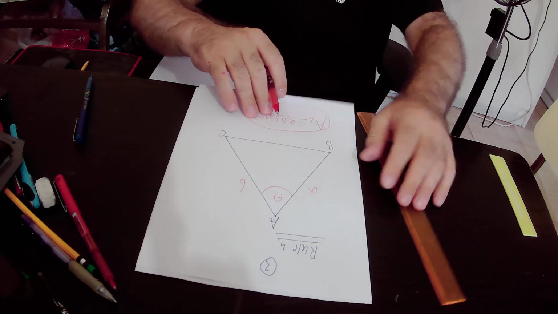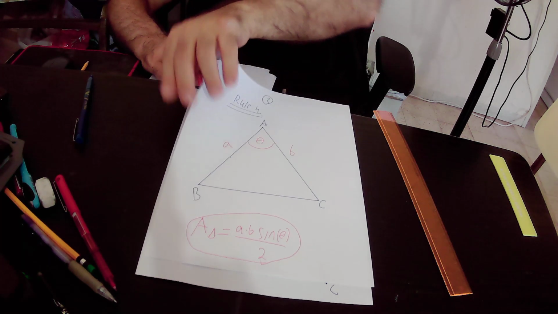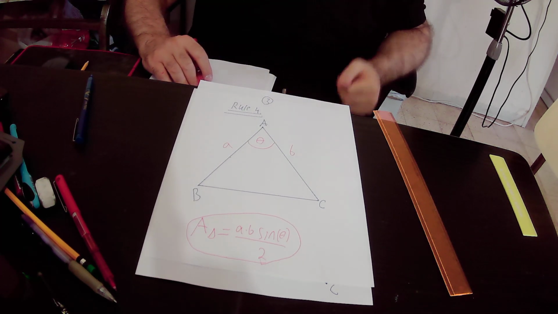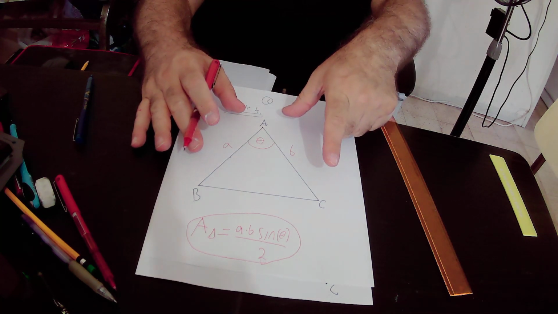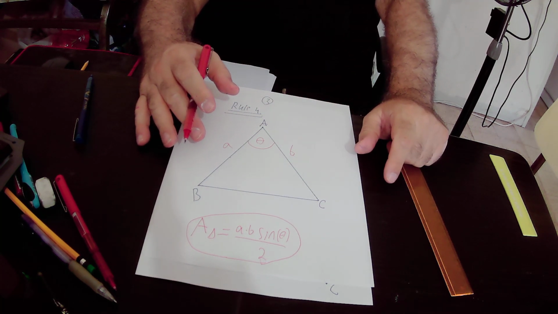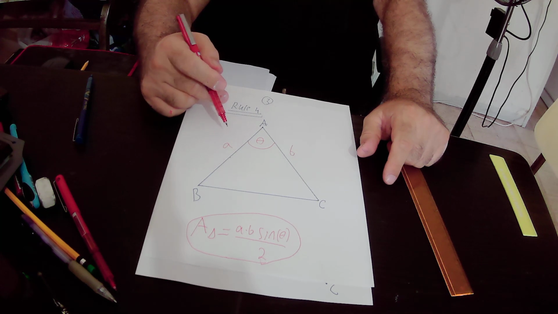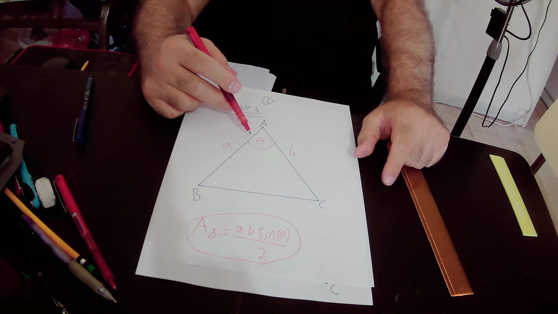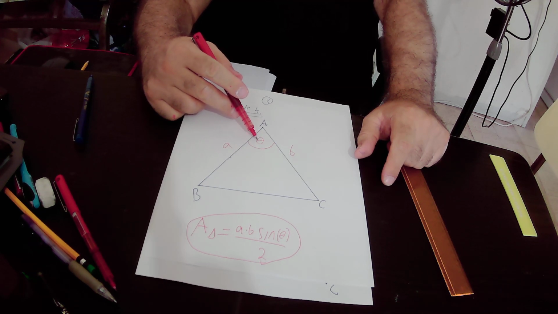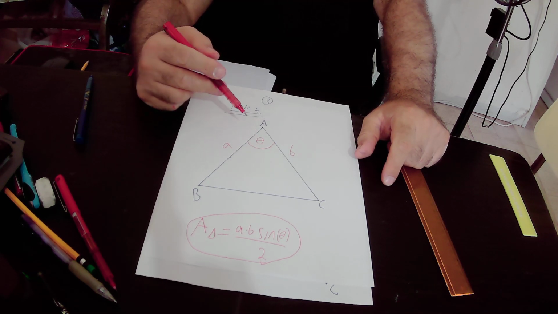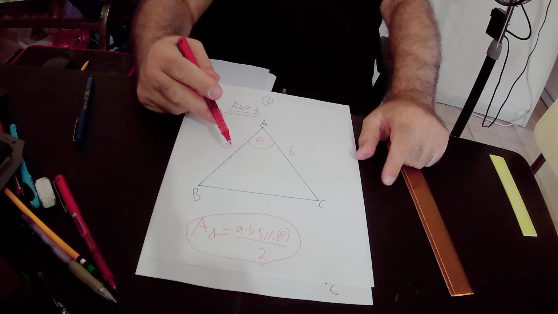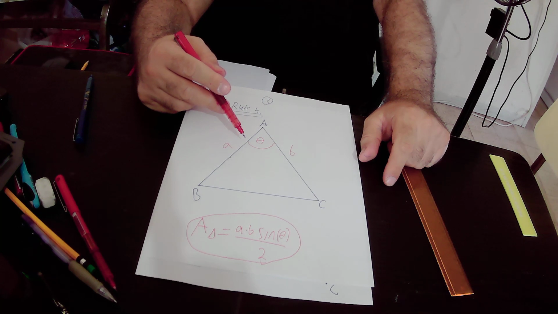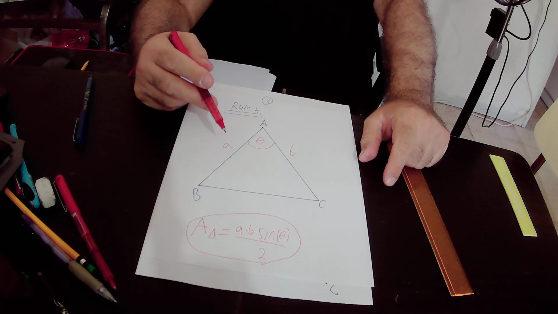So the area of this triangle ABC is equal to the multiplication of the two sides by each other, and then we will multiply the outcome by the sine of this angle, that is sine theta, and then we will divide all by 2. That is the area of any triangle.